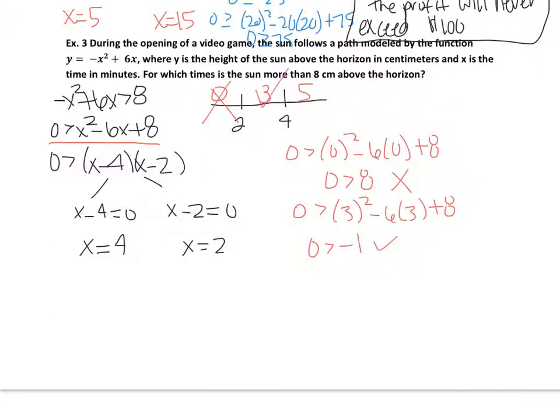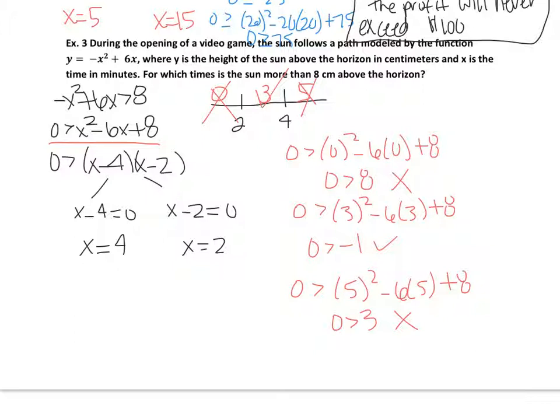It's a true statement. So I'm going to put my check and do my last test. 0 is greater than 5 squared minus 6 times 5 plus 8. And that gives me 0 is greater than 3, which is a false statement.